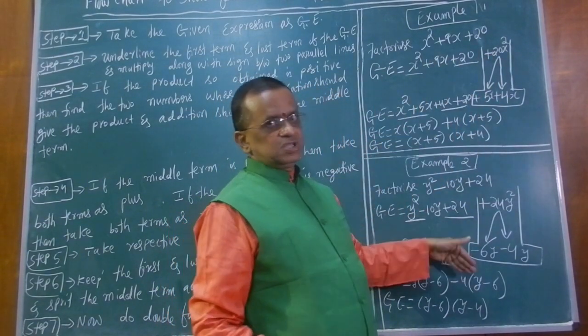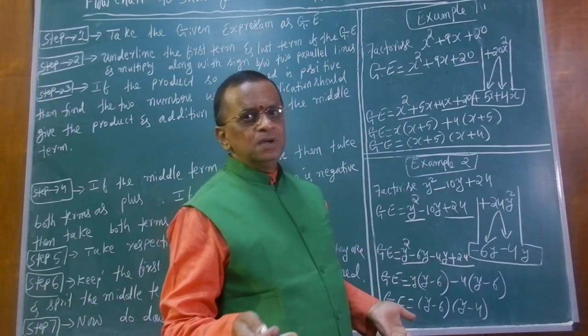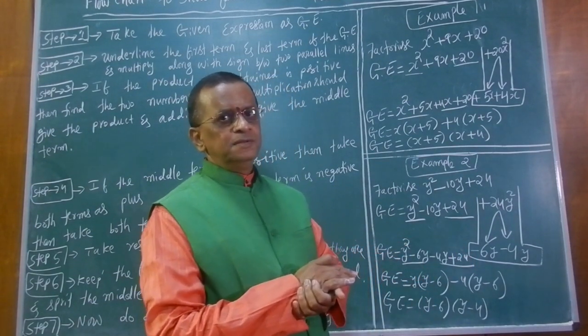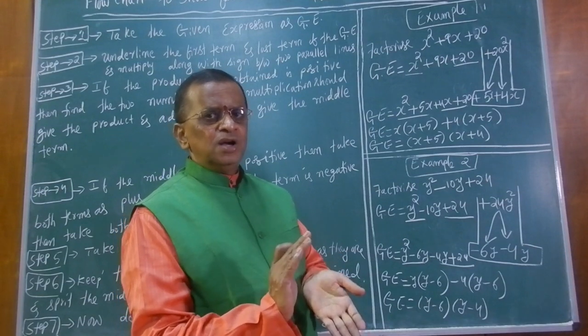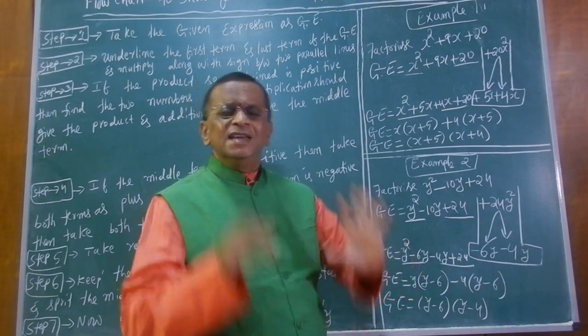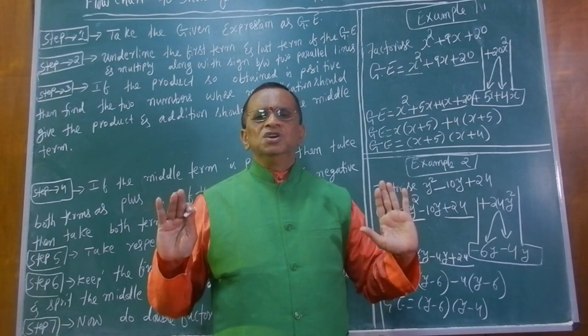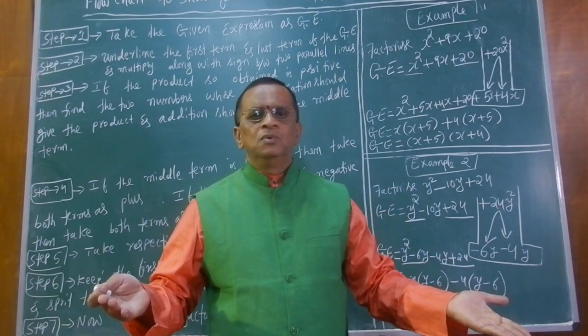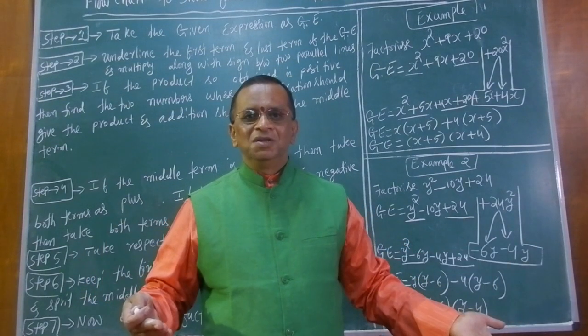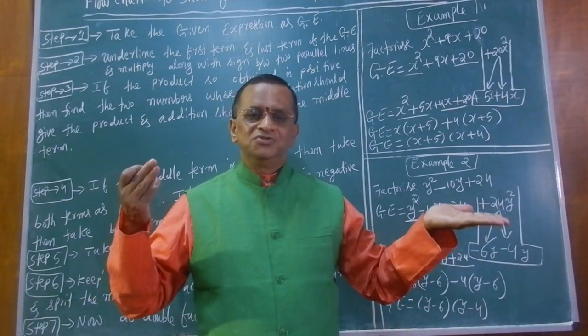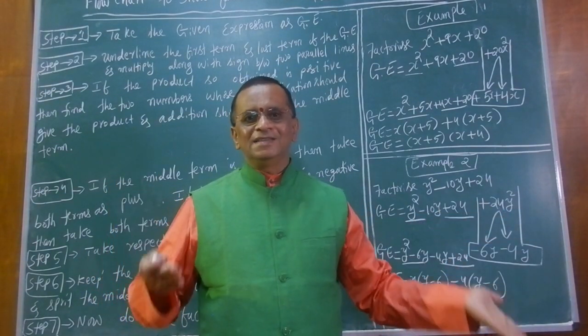In both the cases. I will take up another case, that is, if the product so obtained is not positive. Suppose it is negative, let us see the flow chart of this case.